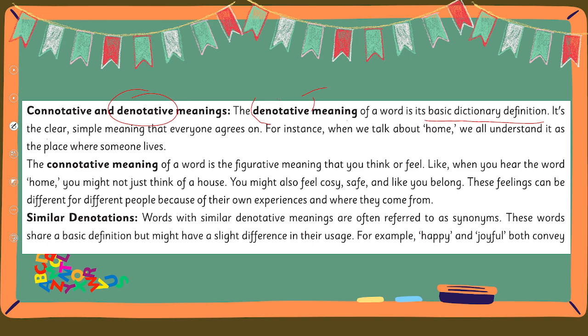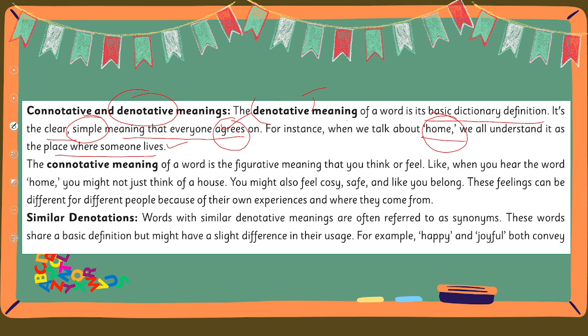It is the clear, simple meaning that everyone agrees on because it is in the resource materials which everybody agreed on. For instance, when we talk about home, we all understand it as the place where someone lives. So that place where someone lives is that person's home, and this is the denotative meaning of the word home.